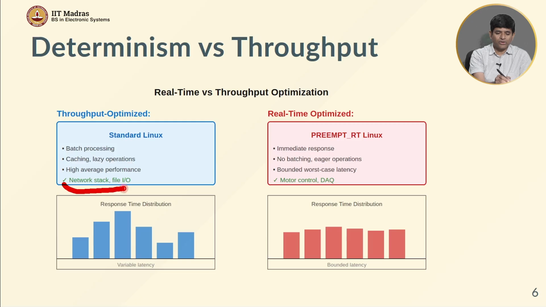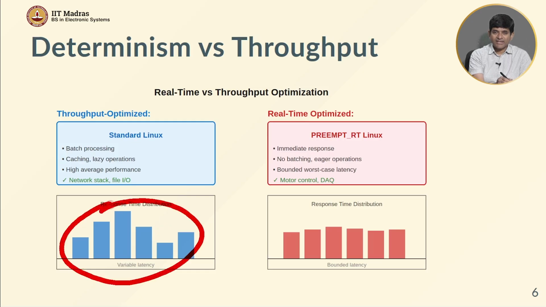It is particularly good with things that involve the network stack or file IO, things that are by themselves fairly non-deterministic and can have a high degree of variability, right. You can't guarantee that your network is going to give you exactly so many bytes per second, it is probably going to be bursts of packets. Similarly, with file IO you might have to seek across different parts of the disk, again adding to the latency.